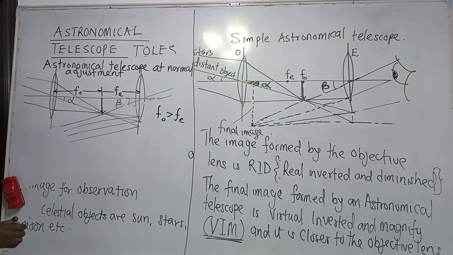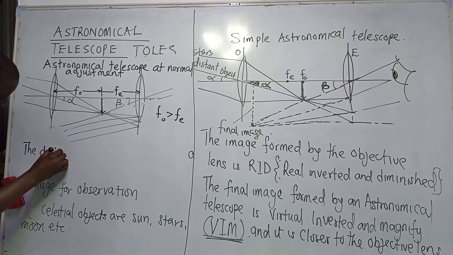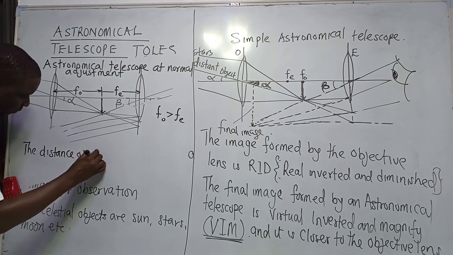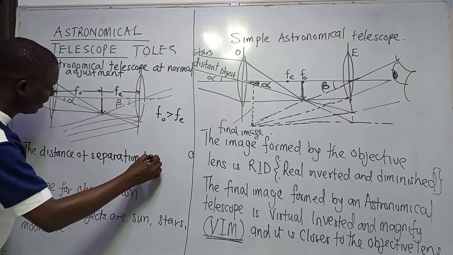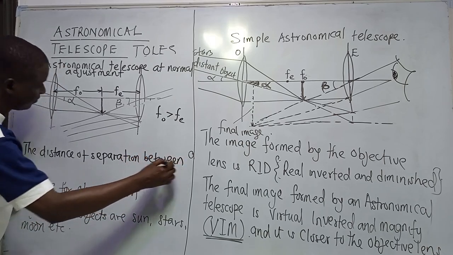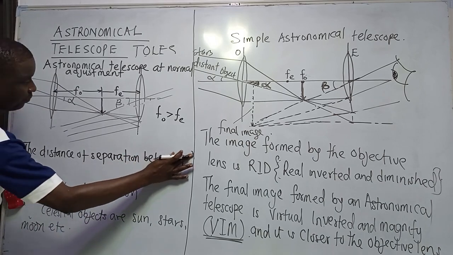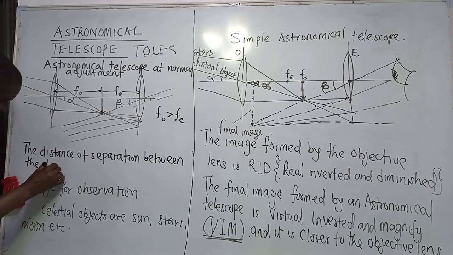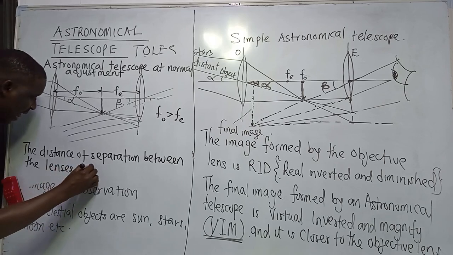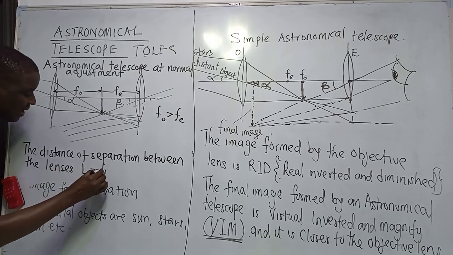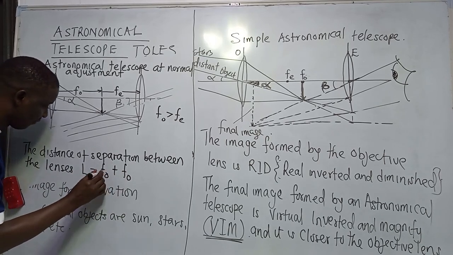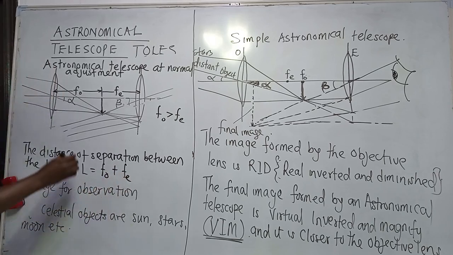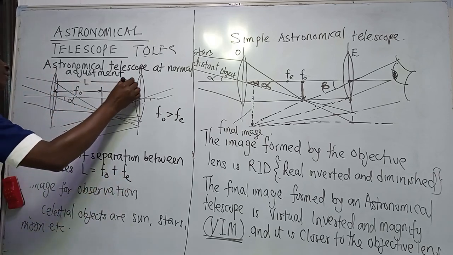So in that case, the distance of separation between the lenses is L equal to f naught plus fe. This is the L I was talking about earlier.